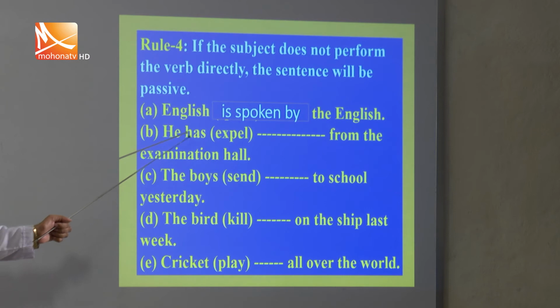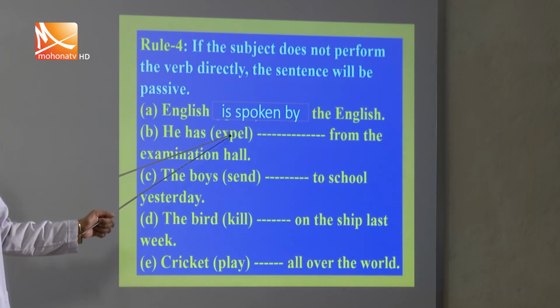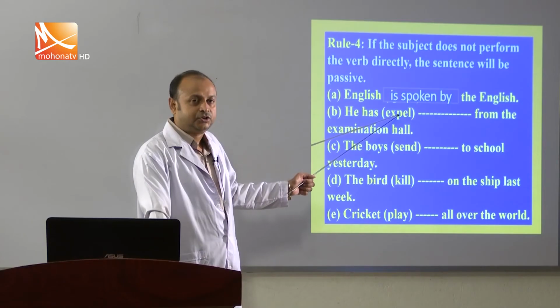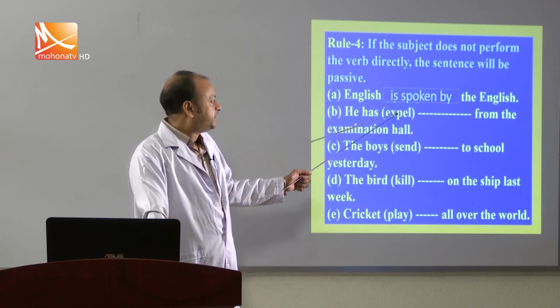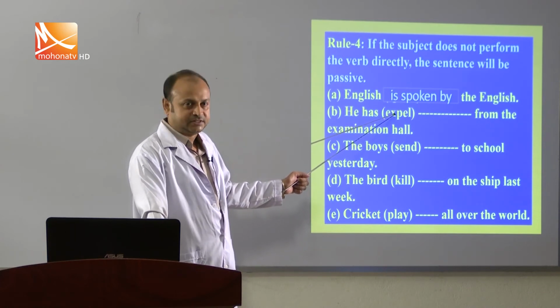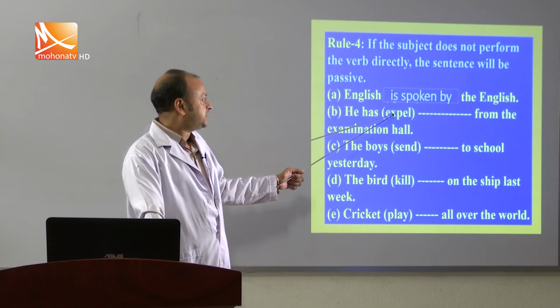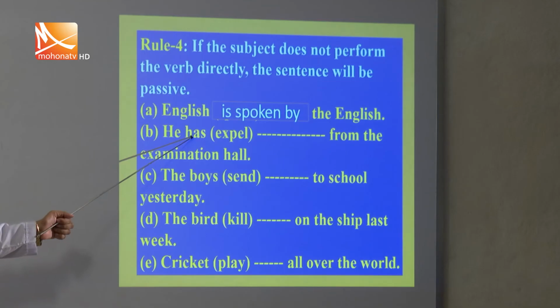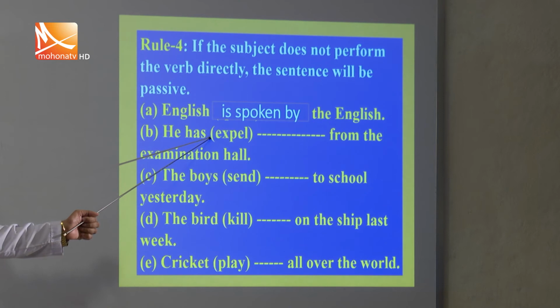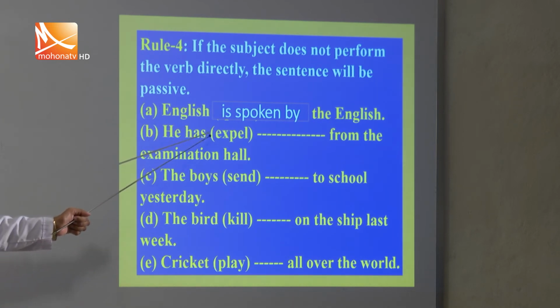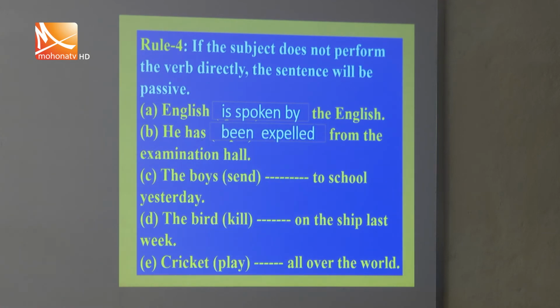So, the subject is not acting on the verb here directly. So, this is a passive sentence. So, in a passive sentence, after have or has, usually we take been and V3, because this is present perfect tense indicating. So, he has been expelled from the examination hall, my student.